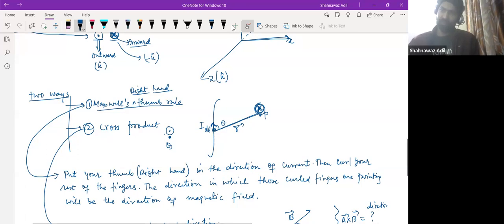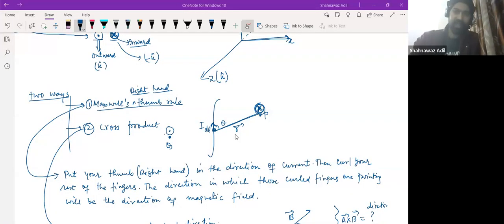Yes, sir. So this is my dl. I put my fingertips in the direction of dl, and this palm is in the direction of the r vector, which is the right hand side. Then I curl my finger. If I curl my finger, what is the direction that I'm getting?